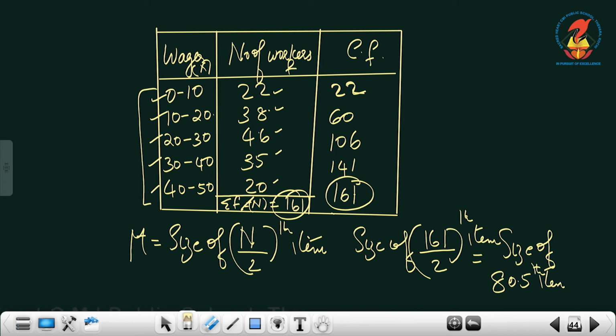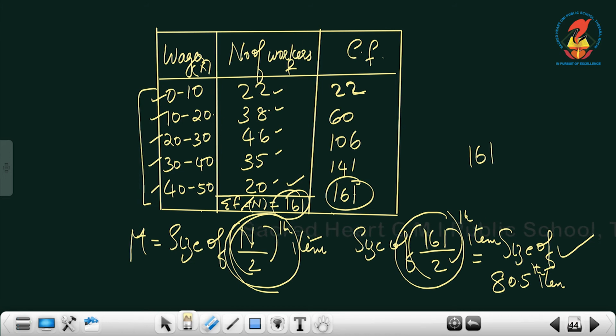The next step is to find out which is the median class over here. To find out that, what has to be used? Size of n by 2th item. What is n here? 161, because the total of frequency is n. So, size of 161 by 2th item. So, it is size of 80.5th item, because 161 divided by 2 is equal to 80.5.